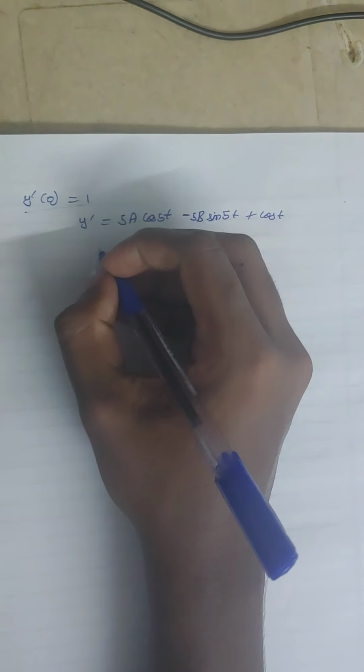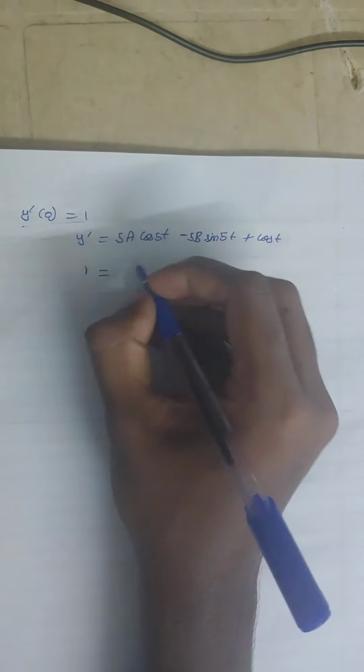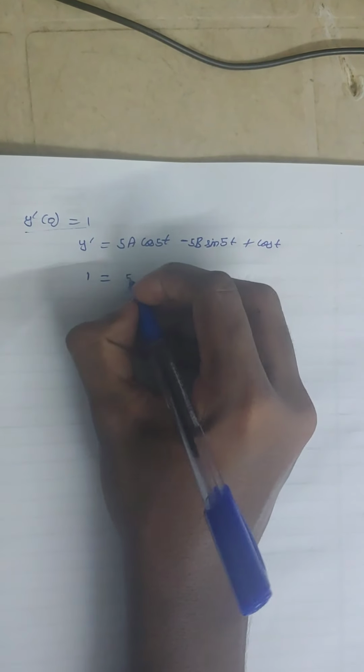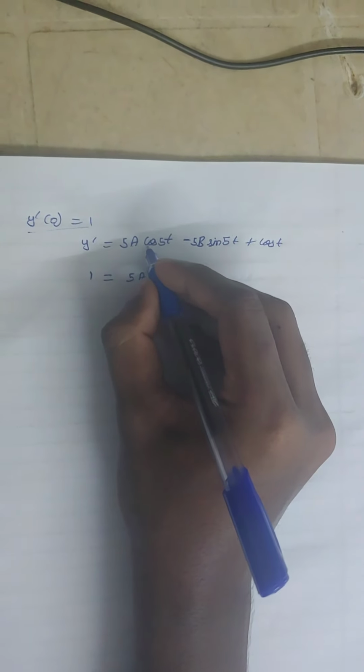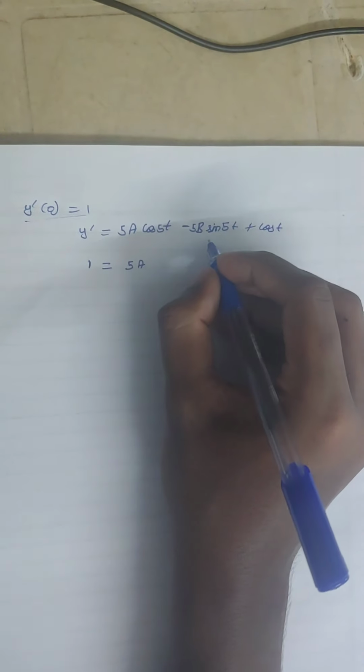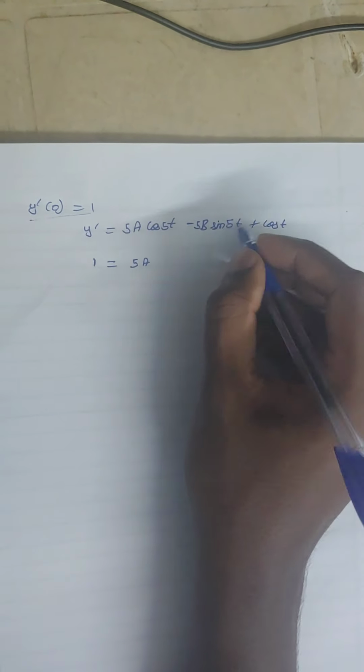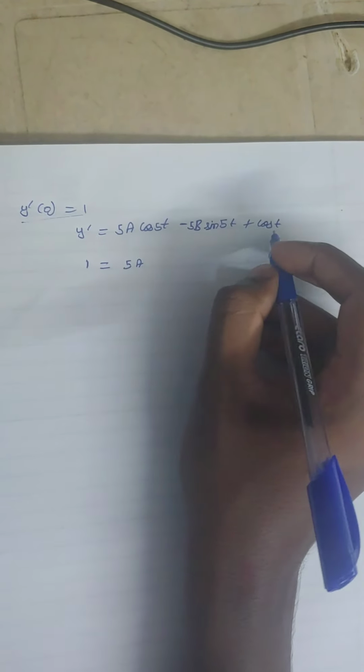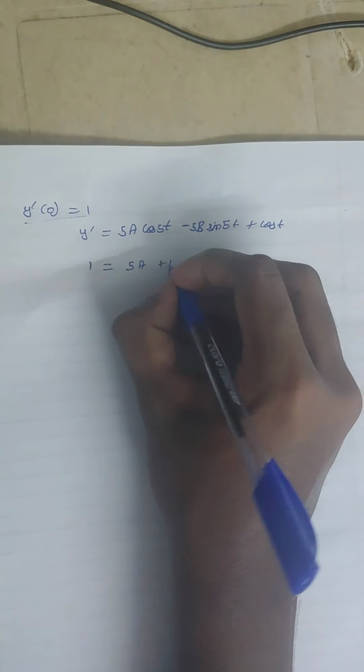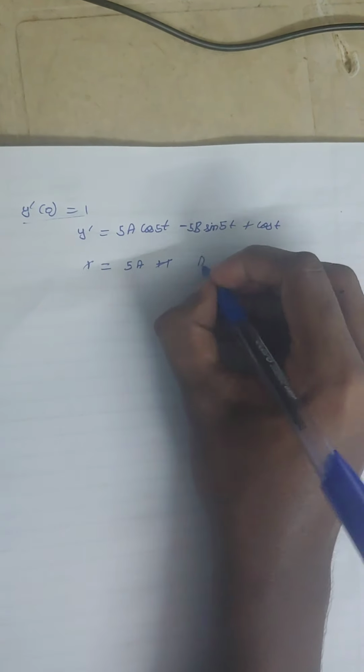So using the initial condition, we get 1 is equal to 5a, as cos 0 is 1, then sin 0 is 0, so this part gets cancelled out, and then this again gets 1. So we get a as 0.